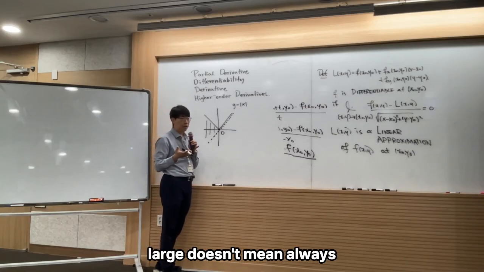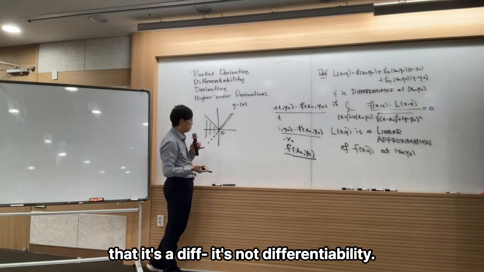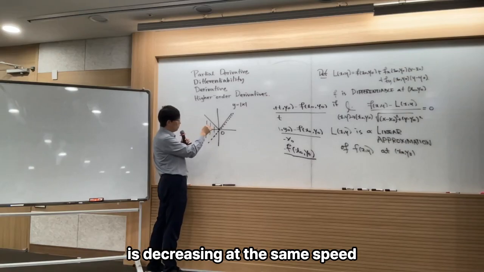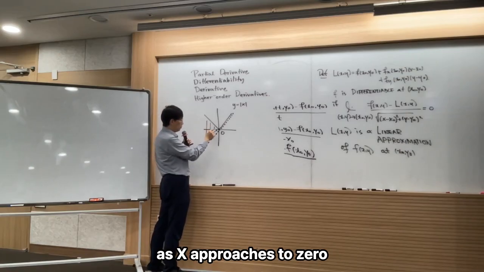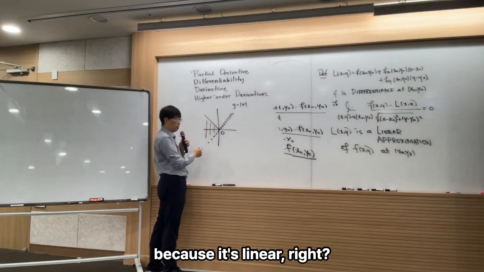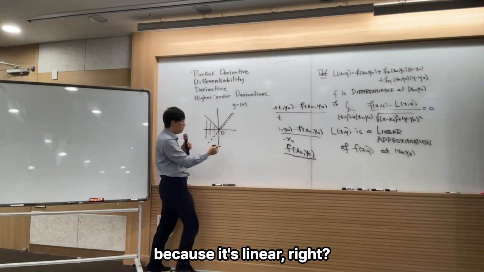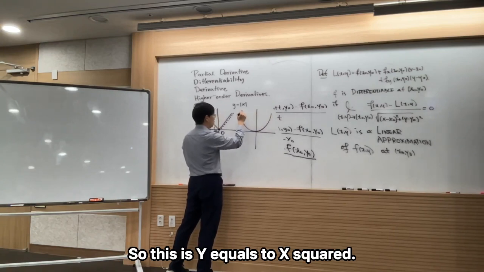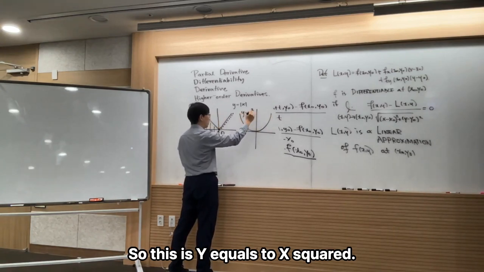But the error being large doesn't always mean that it's not differentiable. It's not differentiable because the error is decreasing at the same speed as x approaches 0, because it's linear, right? You can compare this equation with this one. So this is y equals x squared.